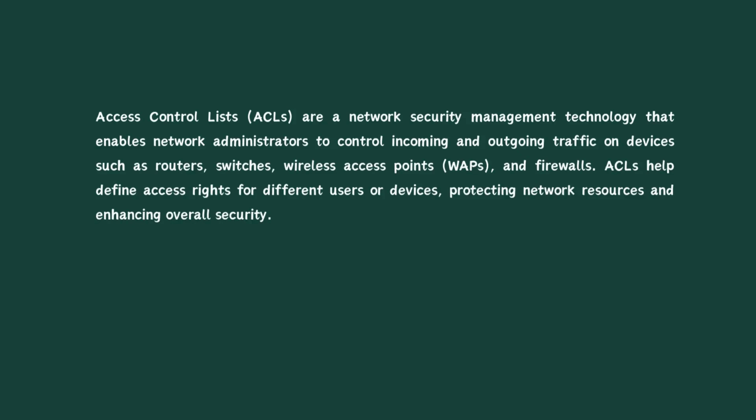Access control lists are a network security management technology that enables network administrators to control incoming and outgoing traffic on devices such as routers, switches, wireless access points, and firewalls. ACLs help define access rights for different users or devices, protecting network resources and enhancing overall security.